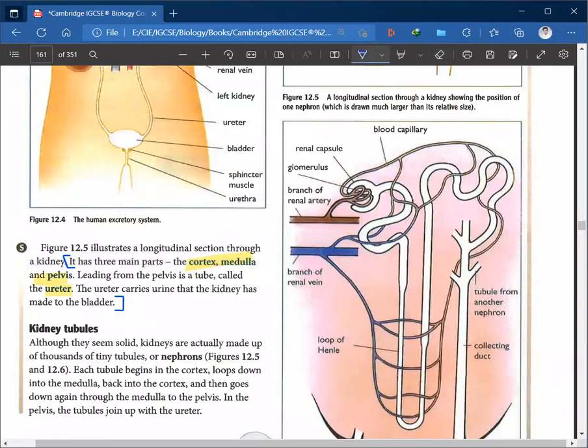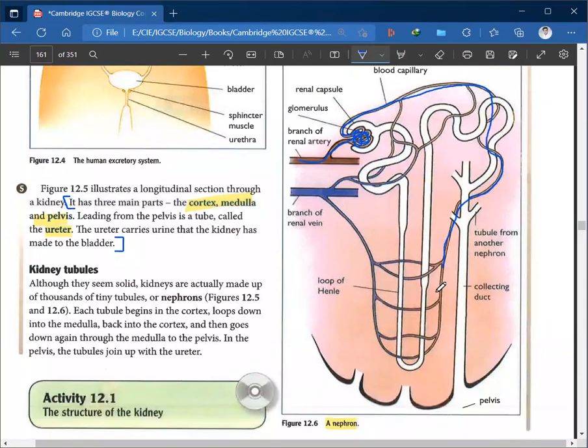Now, first, the blood comes in from here, like this. The first thing it does is go into the glomerulus, and then it filters over here. After the glomerulus, it continues through the blood capillaries like this, and goes over here.